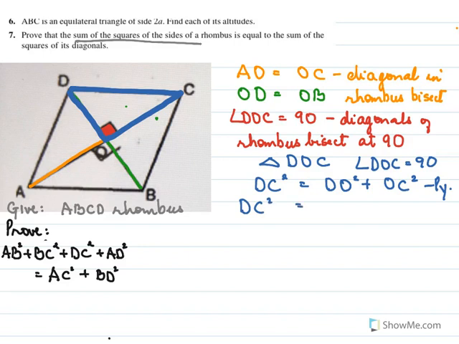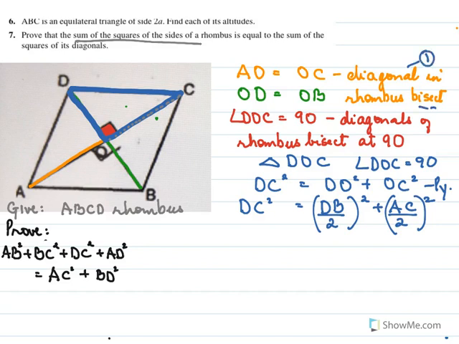Now for the next, DC square. Now DO is half of DB. So for DO, I'll write DB over 2 the whole square. And OC, if you look at OC here, this is OC, and OC is half of the diagonal. So for OC, I will write AC by 2 the whole square. The reason for this is statement 1 and statement 2, so we write by 1 and 2.